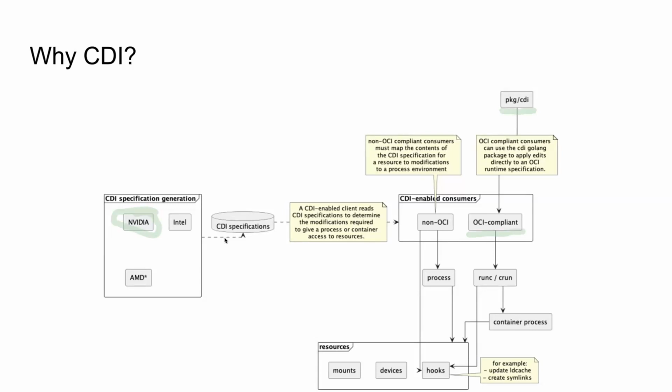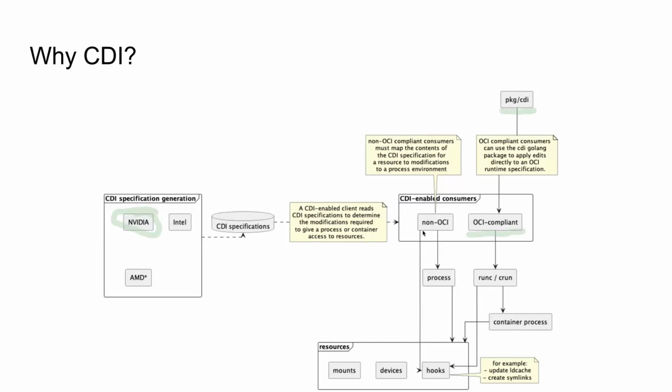The motivation being that vendors such as NVIDIA and Intel can still define what a resource is, and that can then be consumed by any CDI-enabled consumer, whether they be OCI compliant or non-OCI compliant. Now, obviously, the downside is for non-OCI compliant consumers, you can't use the CDI package to make the modifications to the OCI spec, because that's the only kind of spec we understand and are able to modify. But the same logic exists.